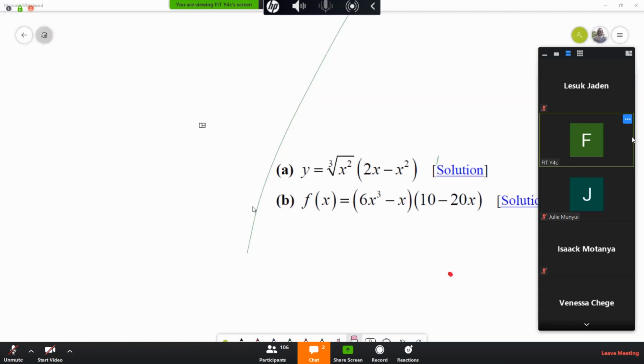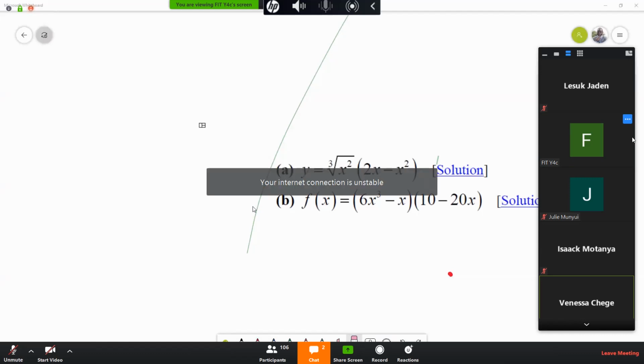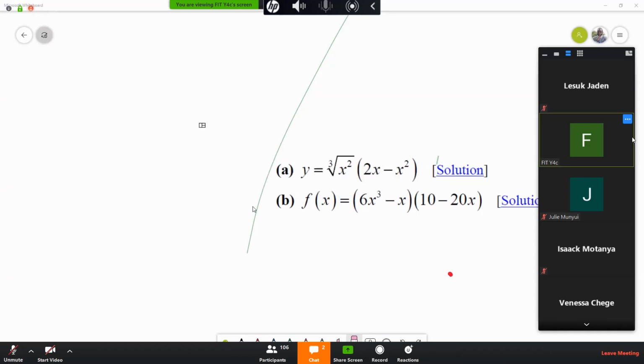So what is in the bracket, everything or just the denominator? Just the denominator. Okay. So let me just type it in the chat. Okay, fine. Thank you very much.